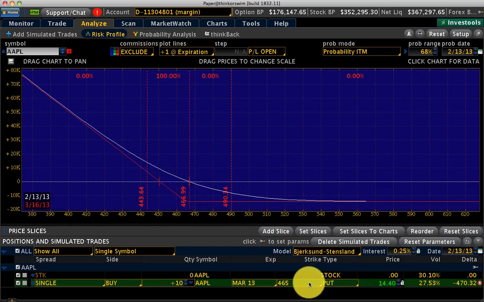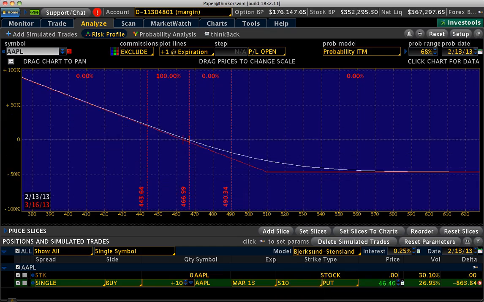So this is for the at the money option. I'm going to look at the in the money, which was the 510. And for the 510, you can see that we're going to pay a lot of money for this option. So right now, Apple is at about 467, but then this put option is at 510. Whenever you see an angle like this on your risk graph, you know that you have chosen a strike price at that point.